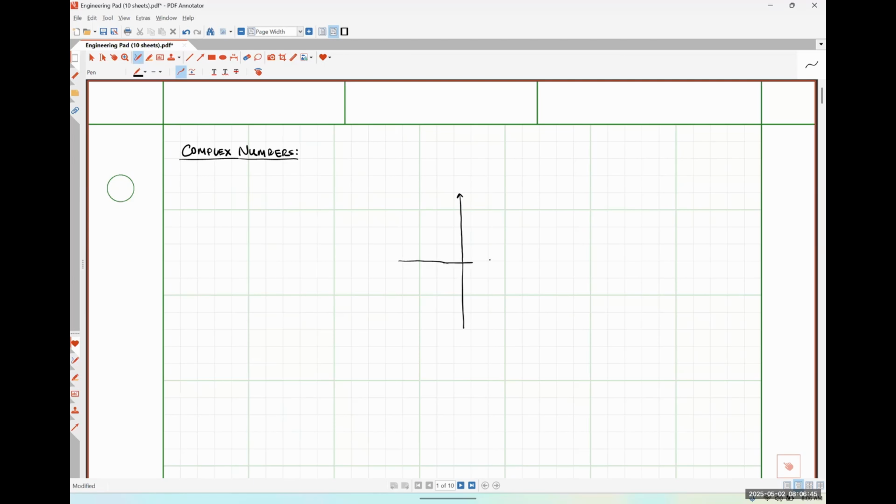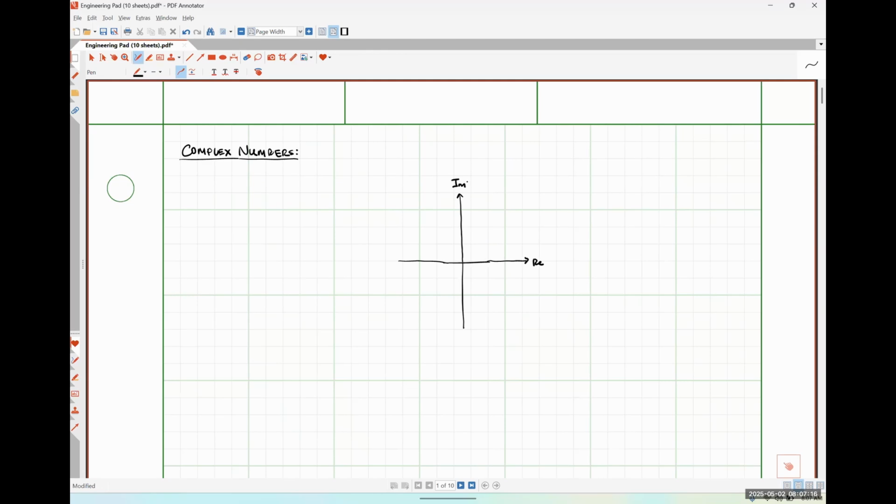So we're going to put our real numbers on the horizontal axis, and we're going to put our imaginary numbers on the vertical axis. So this is literally just the number lines like you learned about in, I don't know, first or second grade or whatever. And then we're putting another one and we're just rotating it 90 degrees. Okay. So whenever we're talking about complex numbers, we can represent them in several different ways.